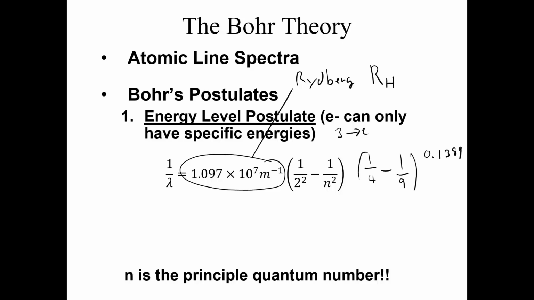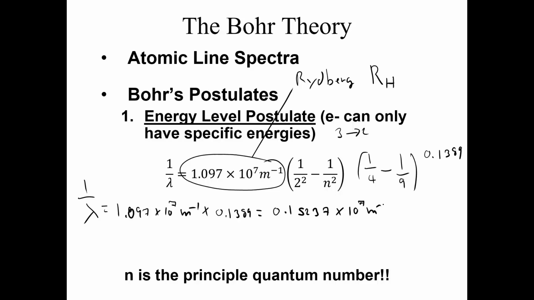And so if you then do 1 over lambda equals 1.097 times 10 to the 7 per meter times that 0.1389, you get 0.15237 and so on, times 10 to the 7 per meter.